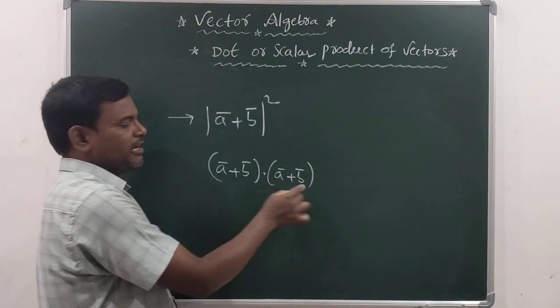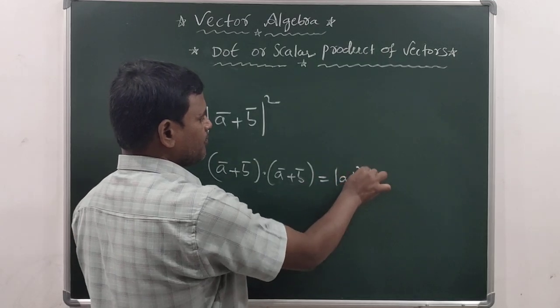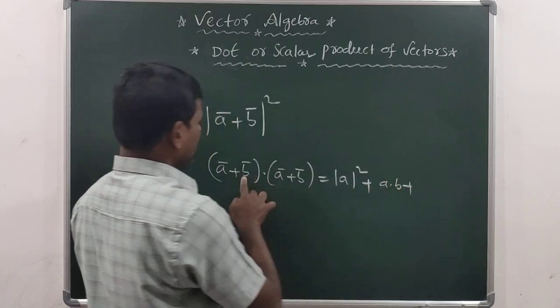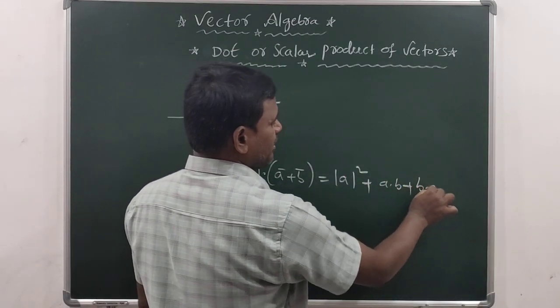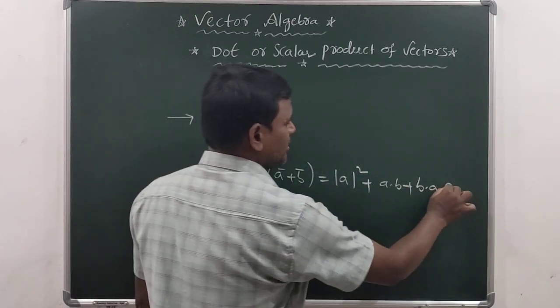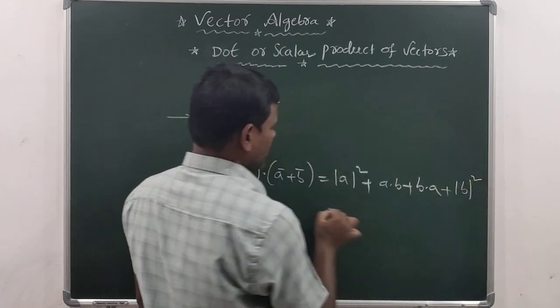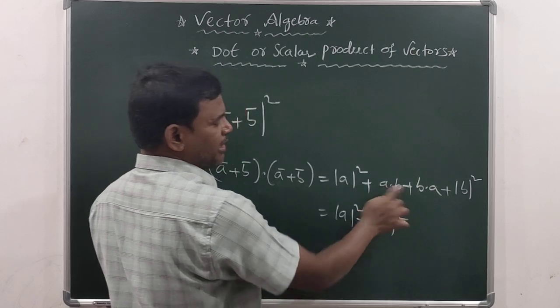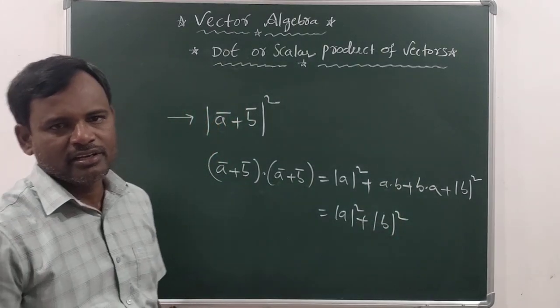A with A, mod A whole square. A with B, A dot B you will get. B with A, B dot A, and B with B, mod B whole square. So which is equal to mod A whole square plus mod B whole square, A dot B equal to B dot A.